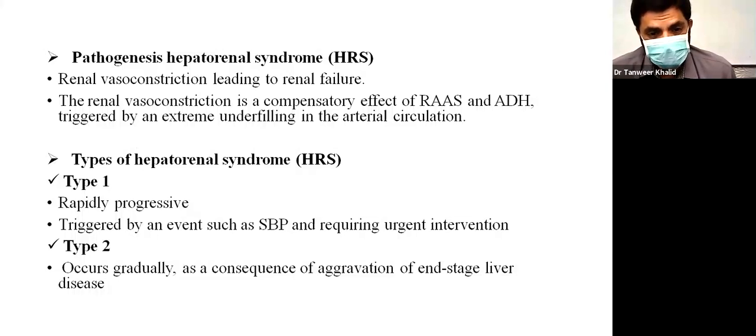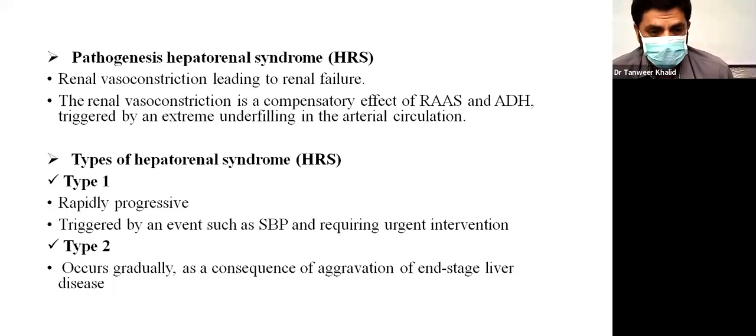There is decreased circulation towards the kidneys. And when the circulation of the kidney is decreased, the body has a compensatory effect. It releases ADH and activates the renin-angiotensin system, which causes further renal vasoconstriction and the development of hepatorenal syndrome.